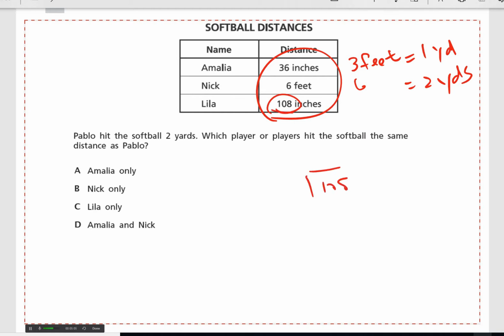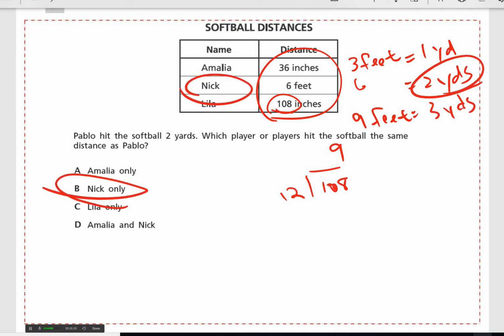You want to double check. Divided by 12 is 9. So 9 feet is definitely 3 yards, which is a lot bigger. So here, it's Nick. All right?